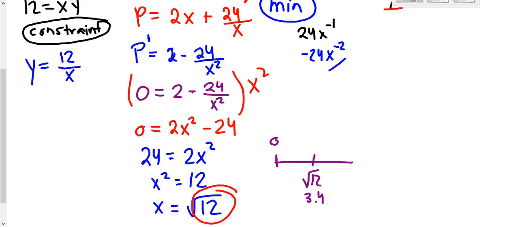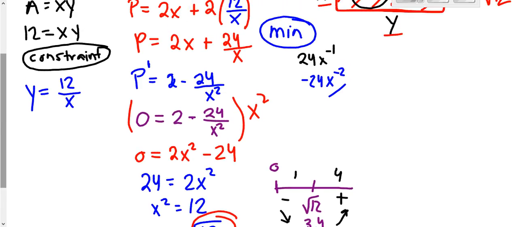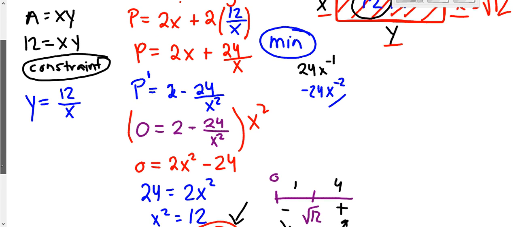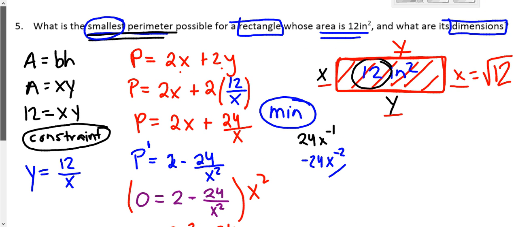To pick numbers on either side of that, you could choose 1 and 4. When you plug those into your derivative, if you plug in 1, you do get a negative. If you plug in 4, you have 2 times 4 squared, which is 16 times 2, which is 32, minus 24, you get a positive. This is decreasing to increasing, so this is indeed a minimum. You can check it, but generally when you have just one critical number like this, that is going to be assumed to be what you are looking for.